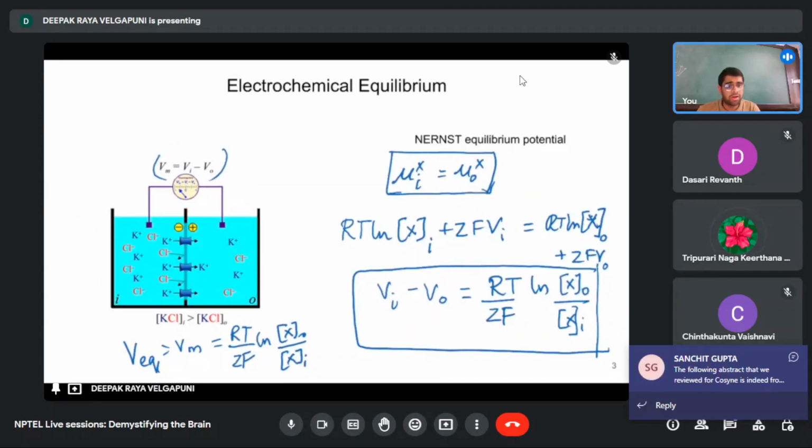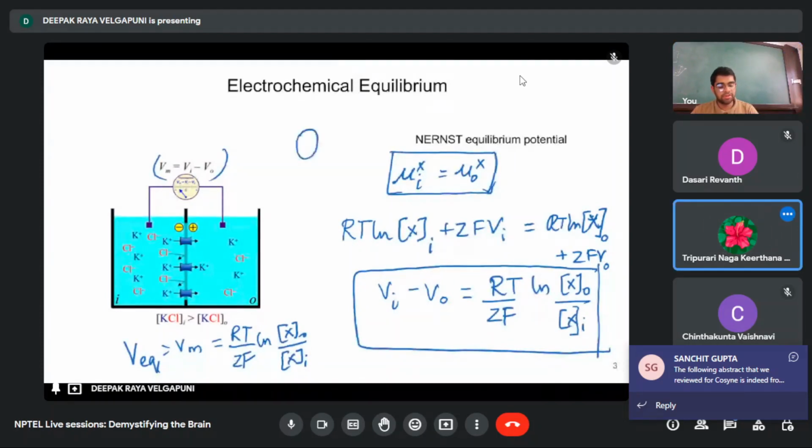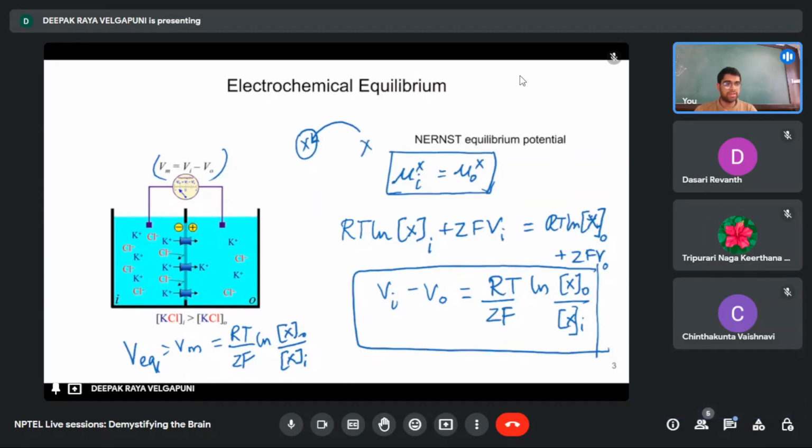Chemical potential is how easily, at a particular location for a given species, we can bring the same species to that location.